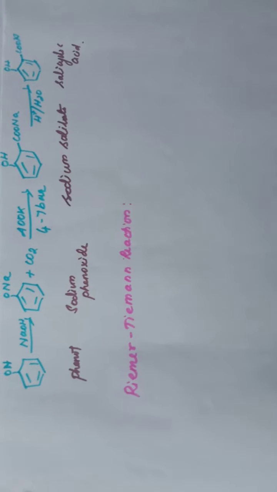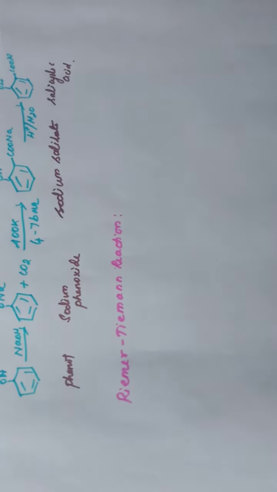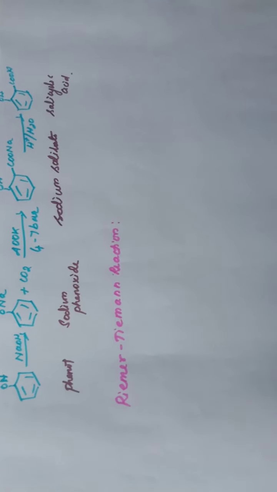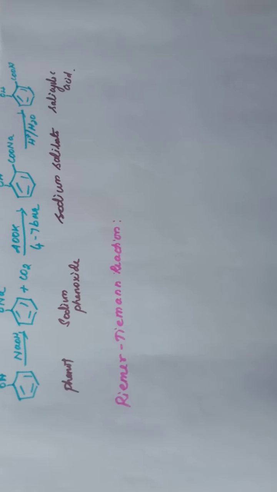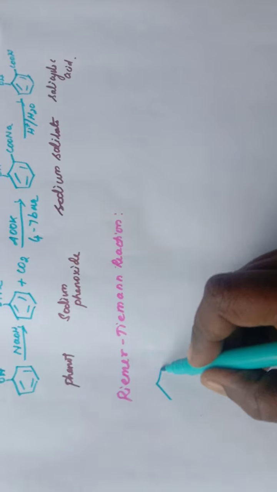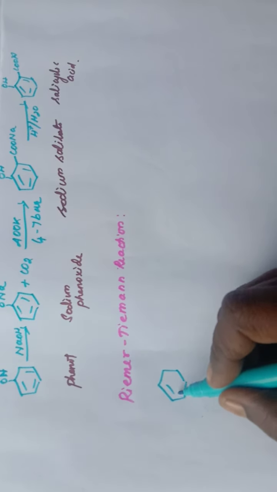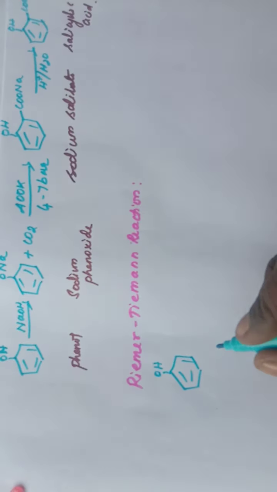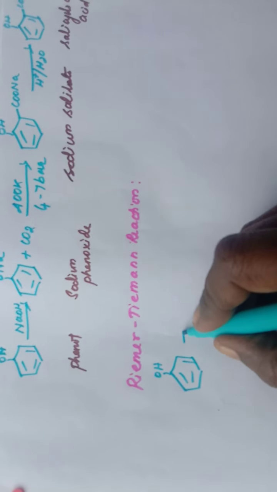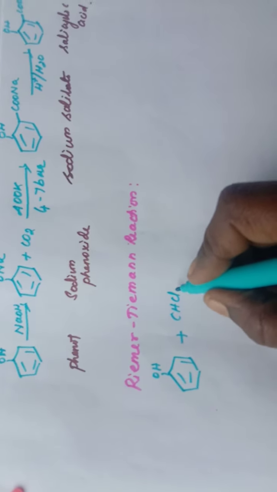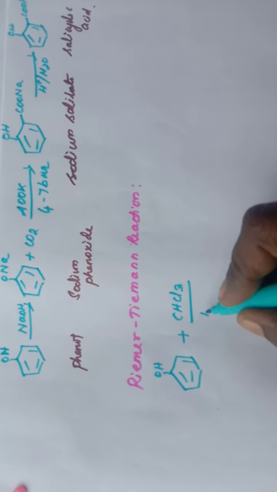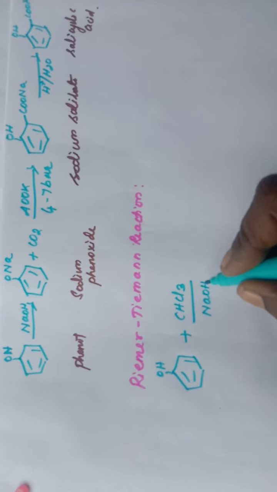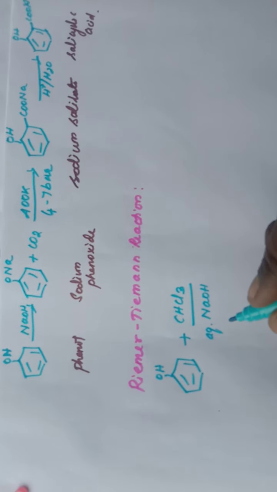Reimer-Tiemann reaction. In this reaction, phenol is treated with chloroform, CHCl3, and aqueous sodium hydroxide.